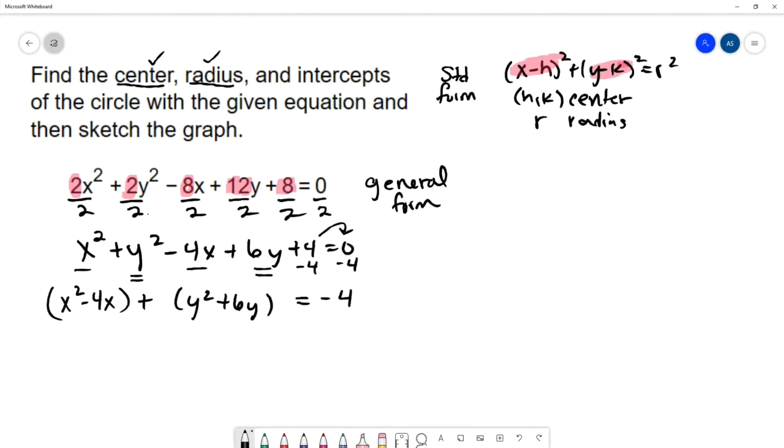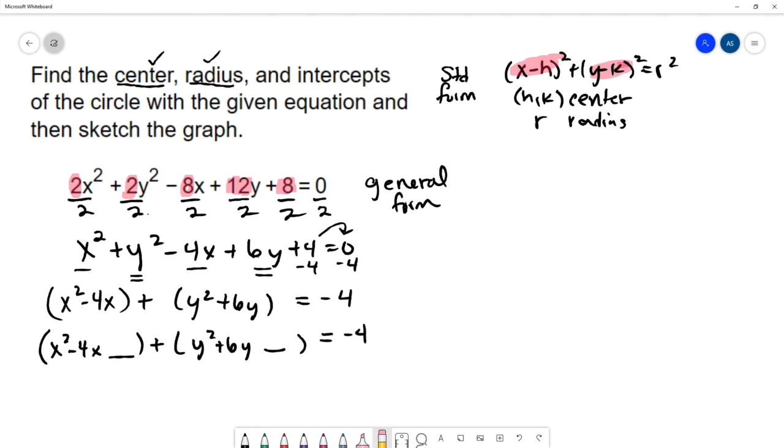Now, I want to make a little bit of extra space for another term in the x group. In the y group, I want to make a little space for an extra term in that group. And what we're going to do is something called completing the square.